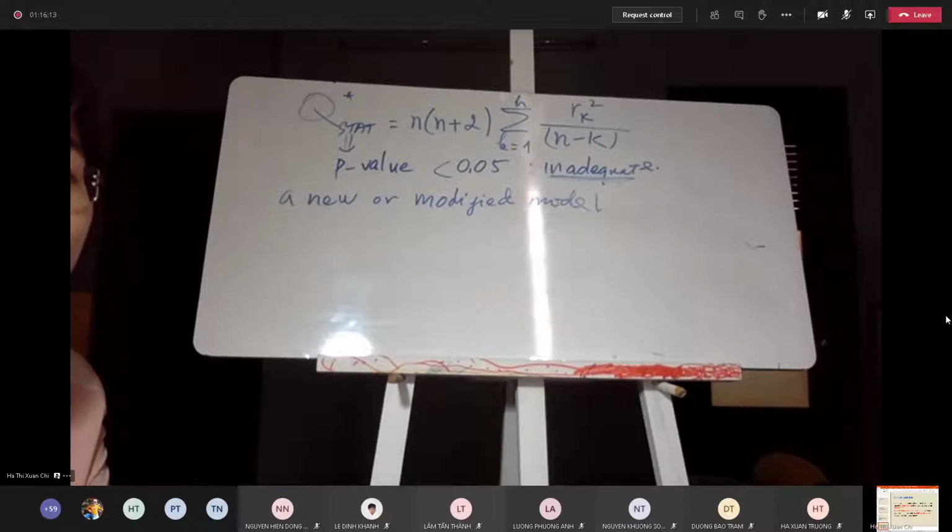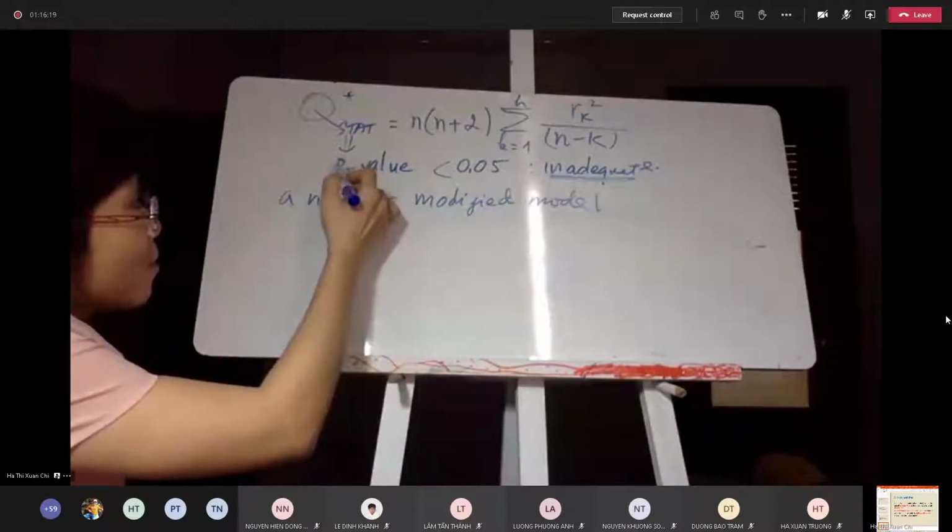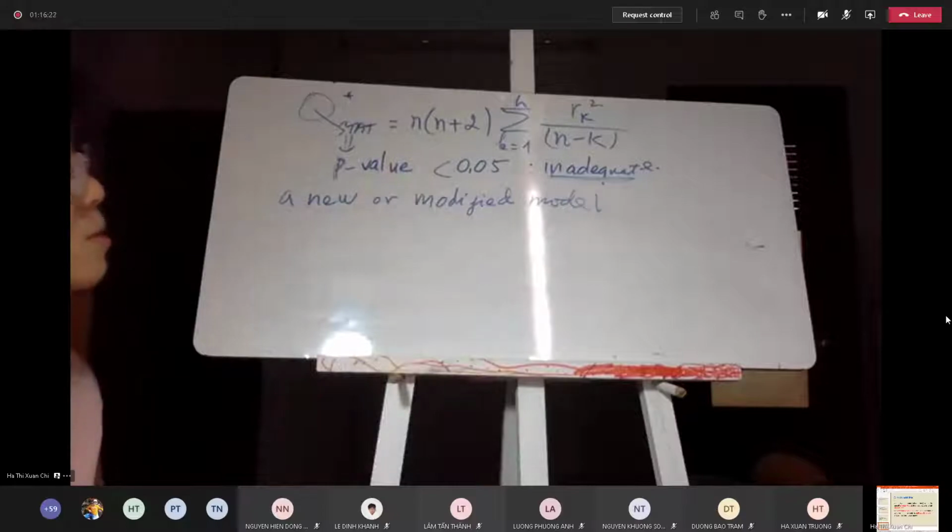We stop when a satisfactory model is determined, until you get a p-value greater than 0.05.